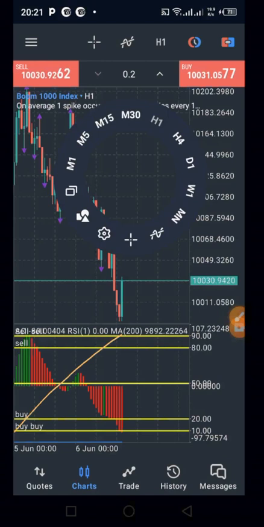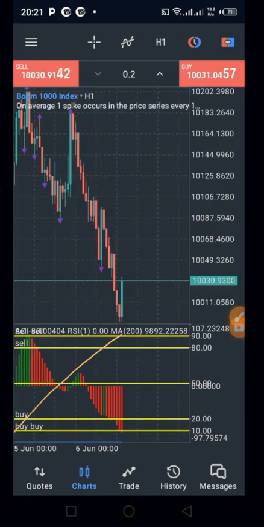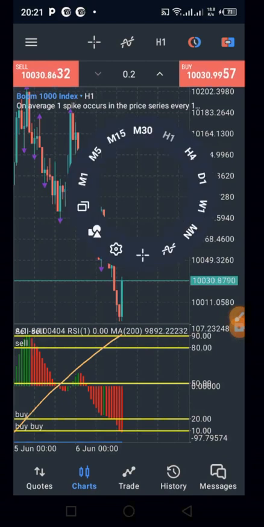When I press again on another part, it will disappear. When I press again, you see this information: M1, M5, M15, M30, H1, H4, D1, W1, MN. Those are what we call time frames.